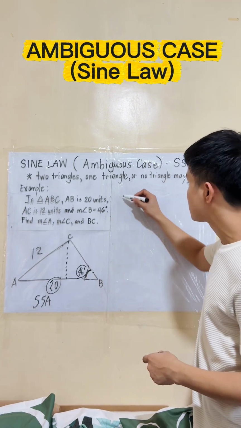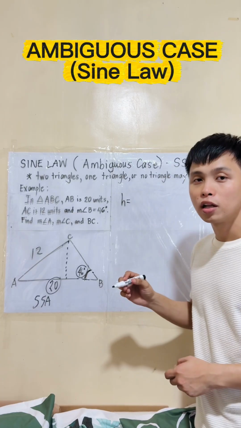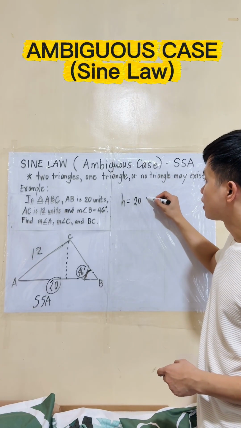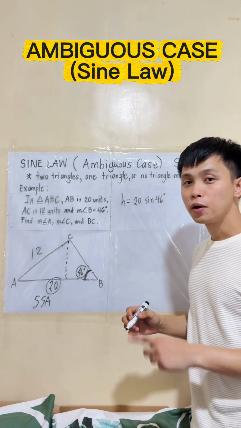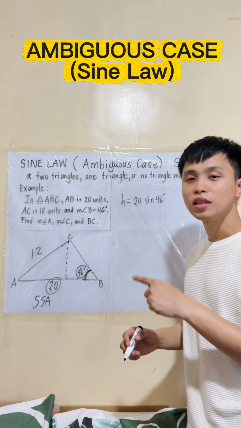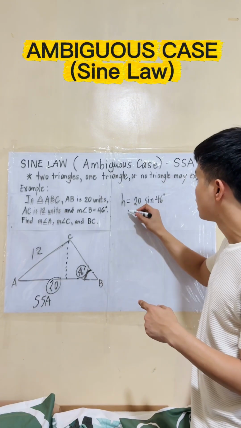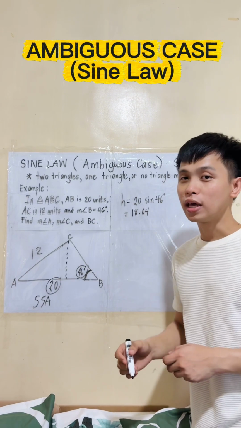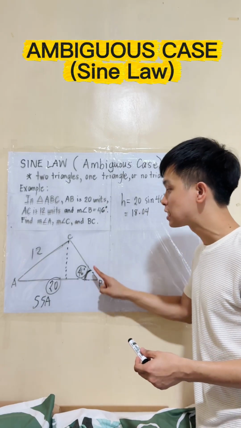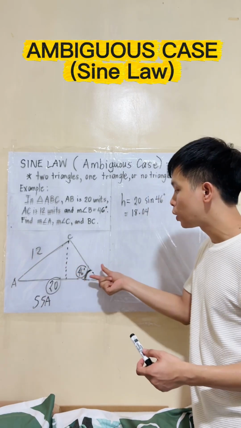So in this case, our height is equal to 20 times sine 46 degrees. And pressing this on your calculators, 20 times sine 46, this is equal to 18.04.